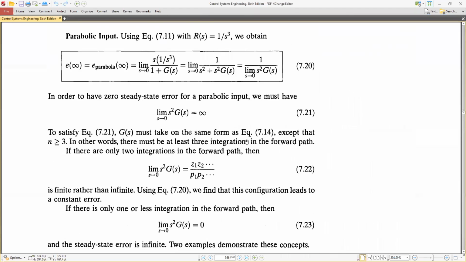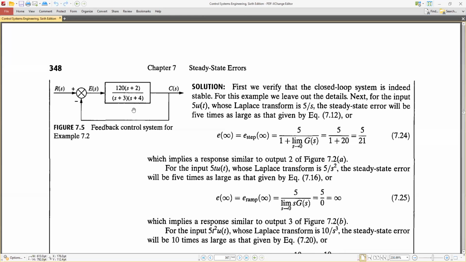Let me show this one step by step. So what is this? s squared plus 4s. Here the 3s, that means 7s, plus 7s plus 12.